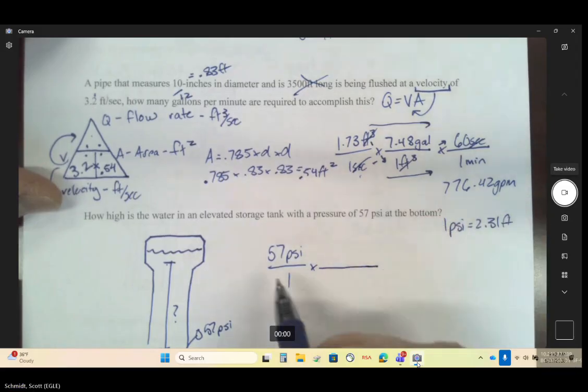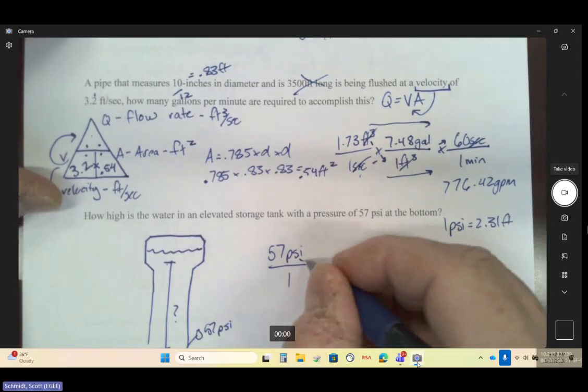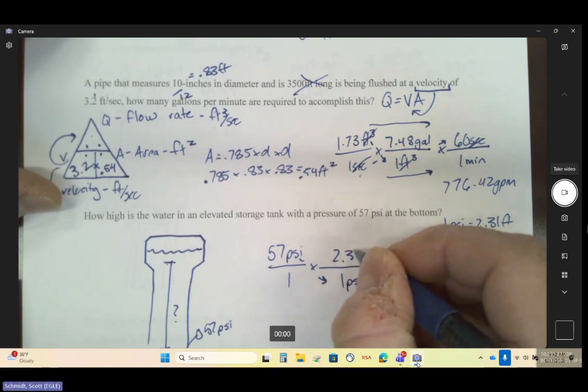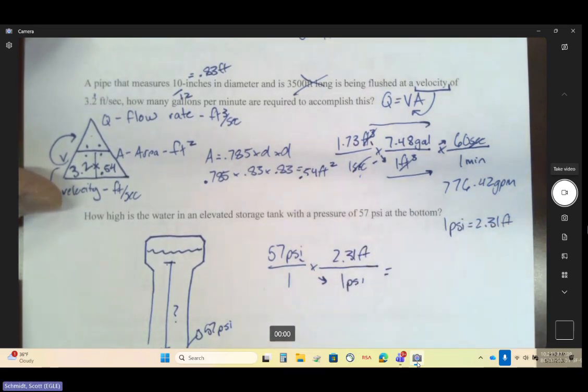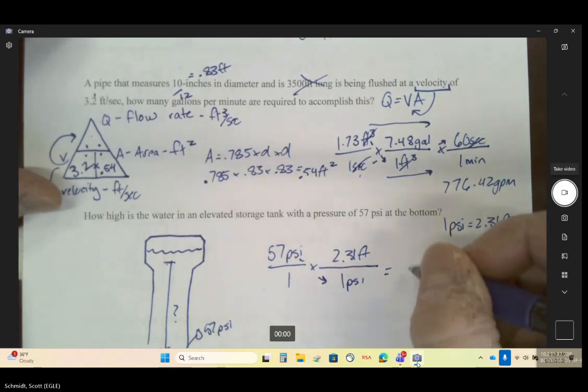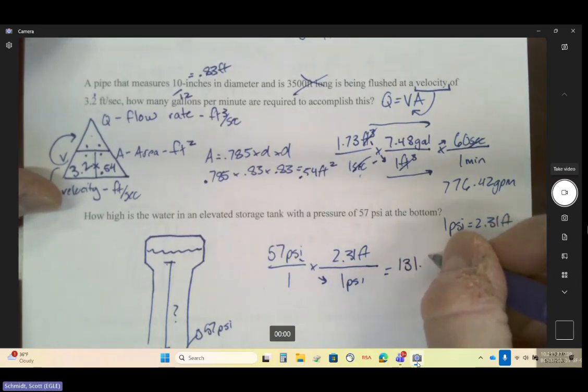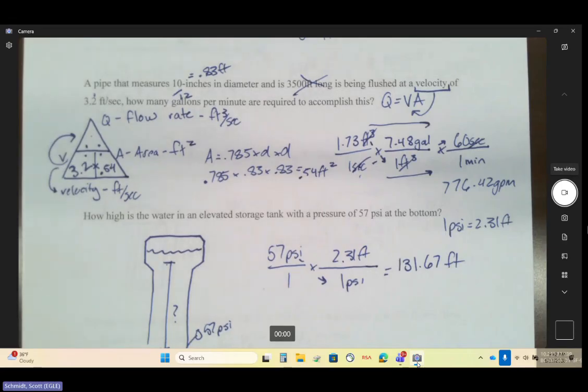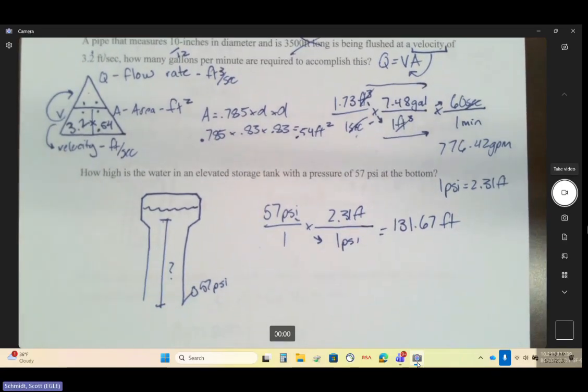So if psi is on top, psi diagonal to cancel goes here. So 1 psi is 2.31 feet. When I do this, I get 131.67 feet. So the water is 131.67 feet above the ground in that tank.